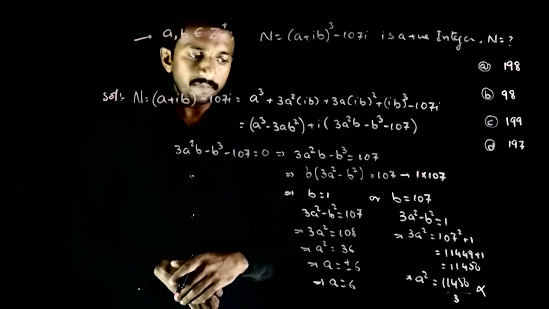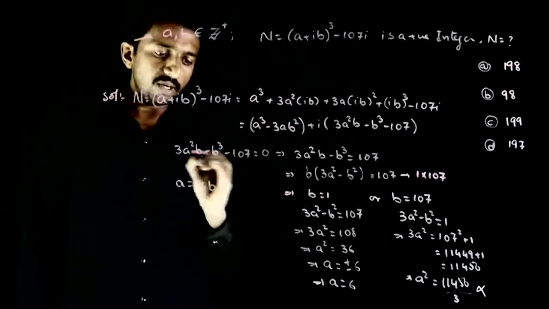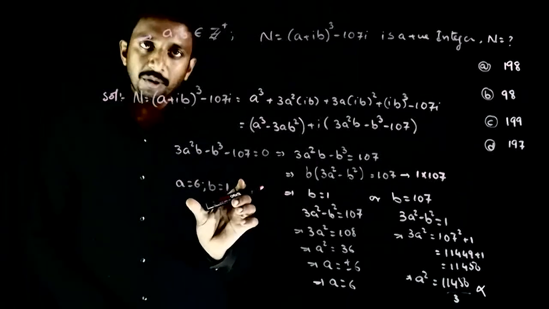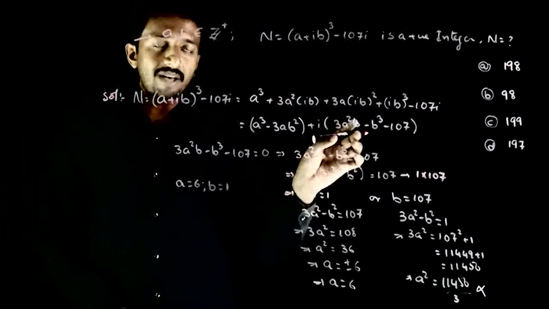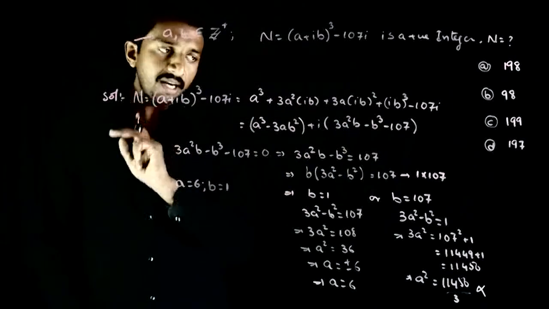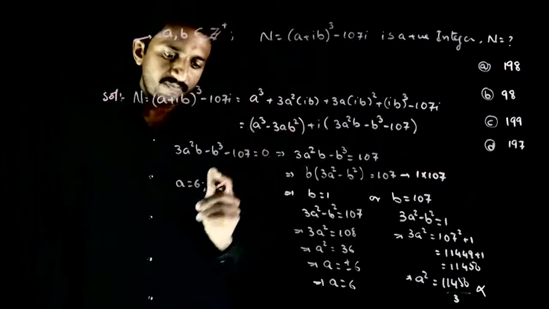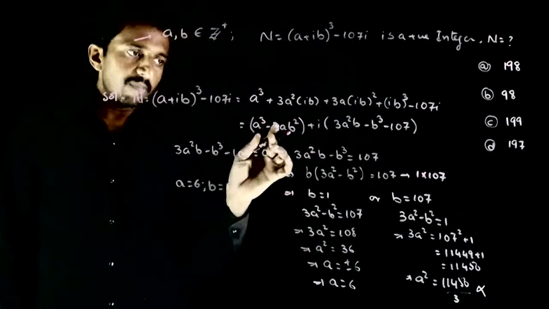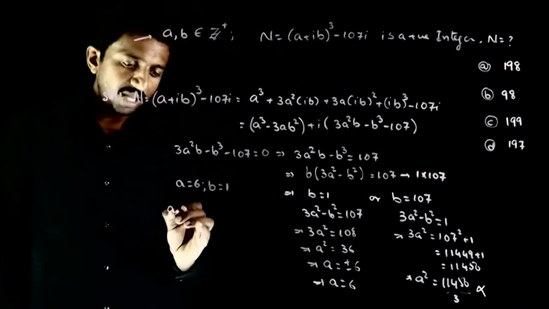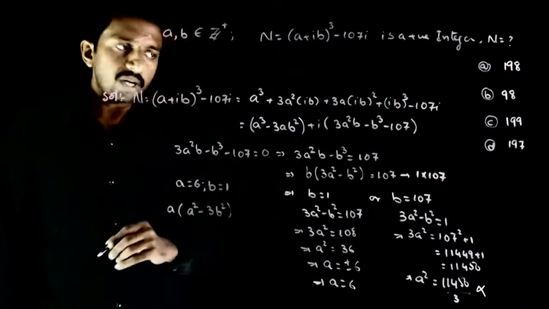So a has to be equal to 6 and b has to be equal to 1. If I substitute these values, what is the value of my complex number n? The imaginary part is 0. So the value will be a cube minus 3ab square, or a into (a square minus 3b square).